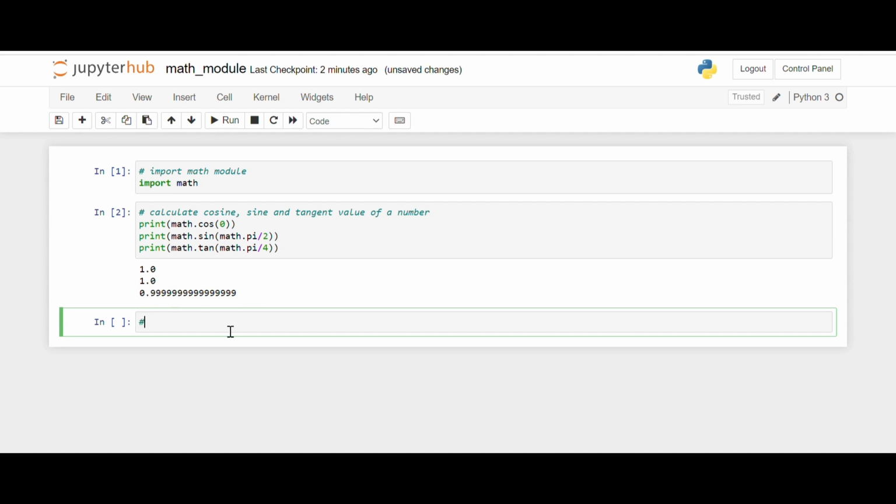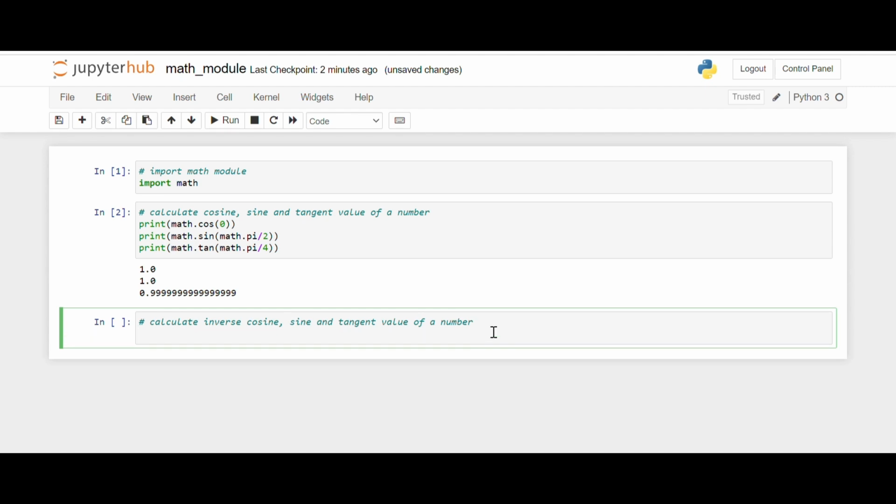So now let's just copy this line. We can also do the inverse. So calculate inverse cosine, sine and tangent value of a number. So print math dot acos to do the inverse.